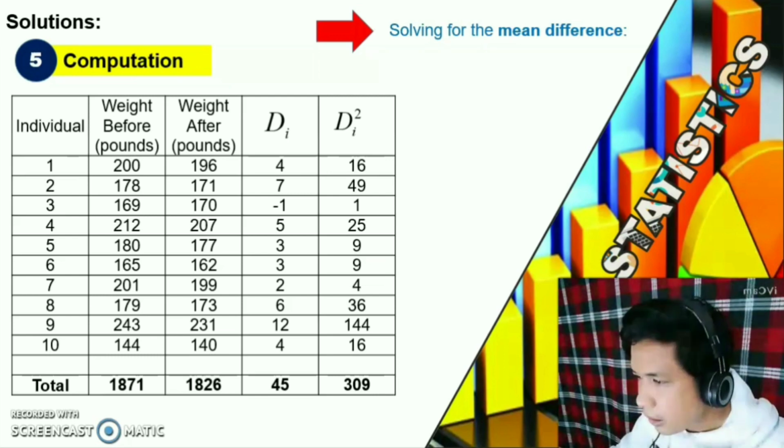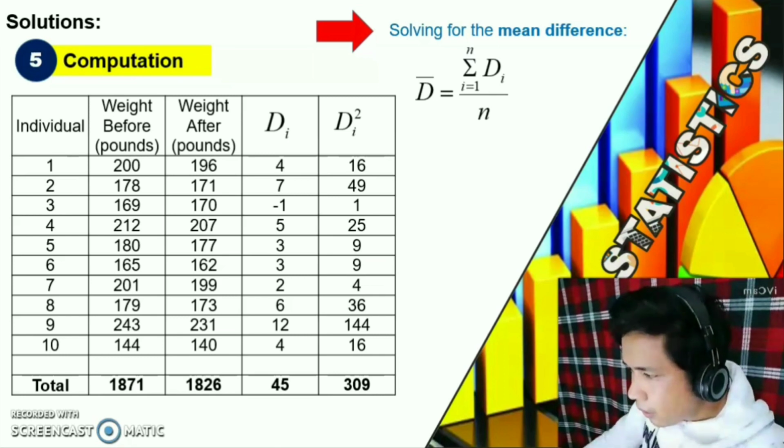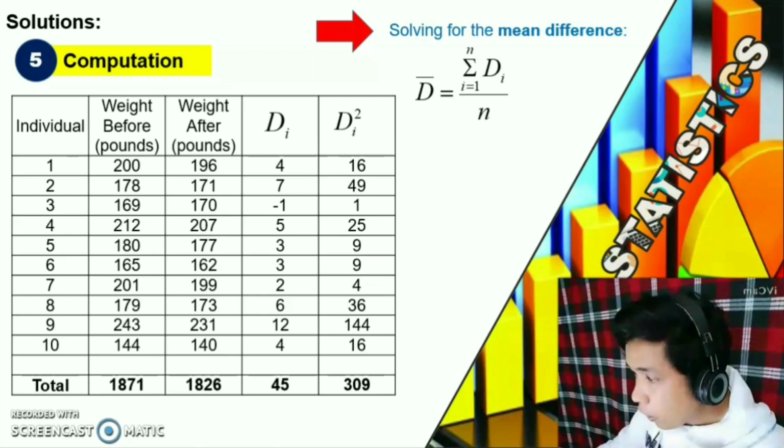The mean difference is obtained by using this formula. The mean difference is equal to the summation of the difference of the observed values of the weight before versus the weight after of the nth individual over the number of subjects, and that is n.